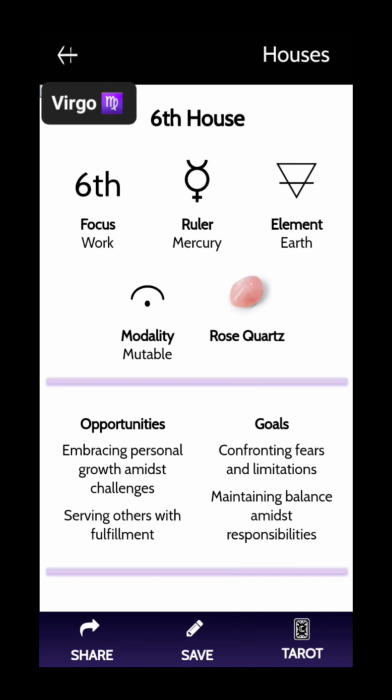But the sixth house is very analytical, very precise. When it is activated, it usually solves the problem of any type of health issue or daily routine that needs a little bit of work.